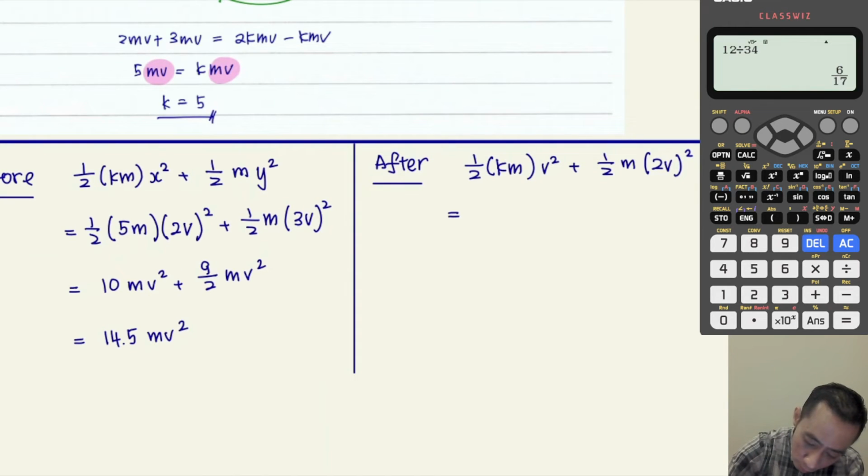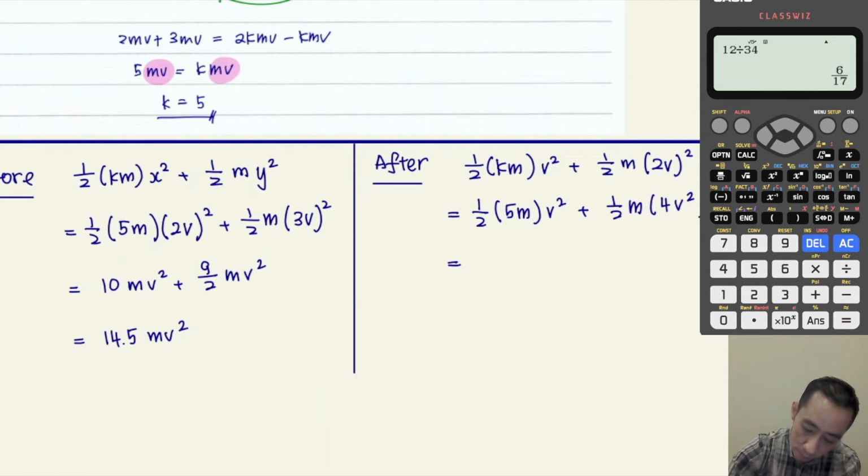So this one equals 1 over 2, m is 5, v squared, plus 1 over 2, 4v squared. Simplify this: here I have 5 over 2 mv squared plus 2 mv squared. 2.5 plus 2 is 4.5.